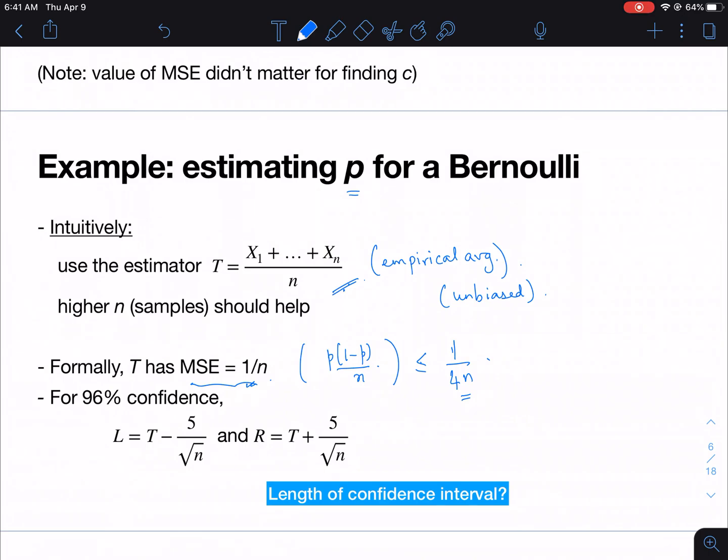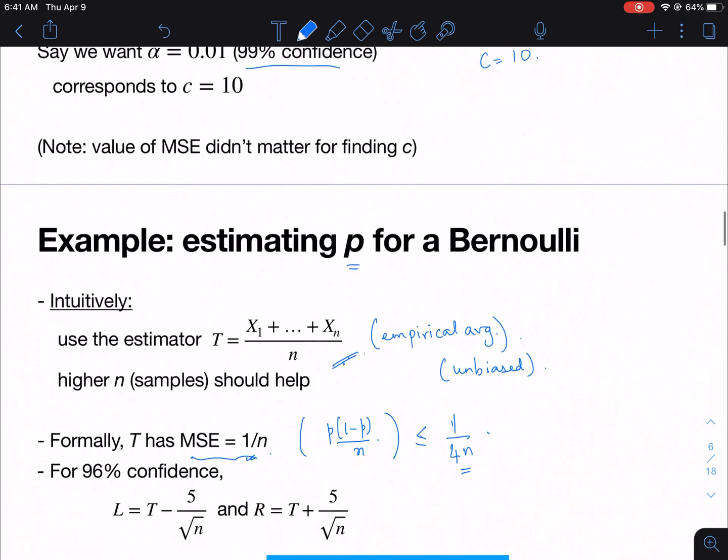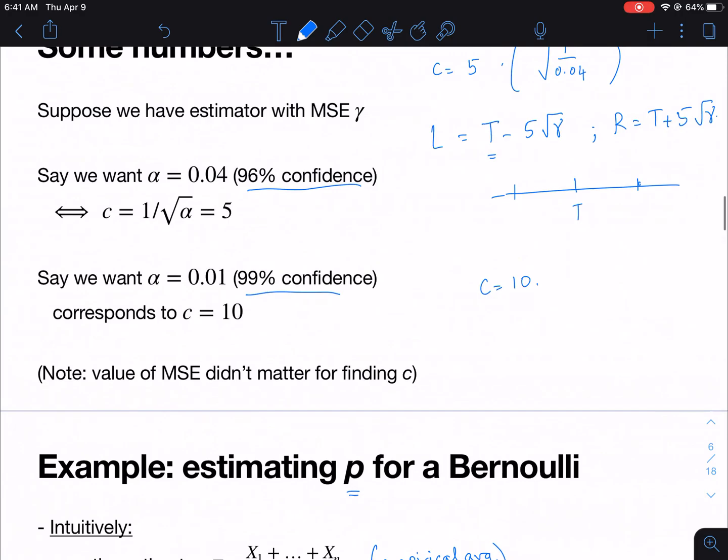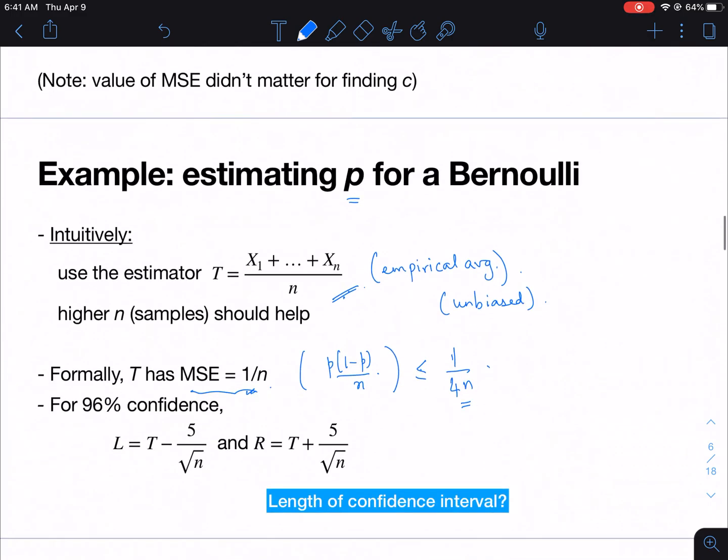Now, suppose I plug in what I just said before. Suppose I want a 96% confidence interval. Then I plug in alpha equals 0.04, which corresponds to C equals 5. The mean squared error was 1 by n, though if I really wanted, I could have written 1 by 4n over here, which gives slightly better confidence intervals.